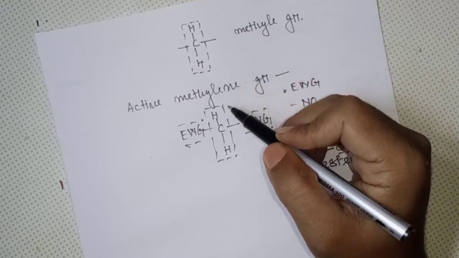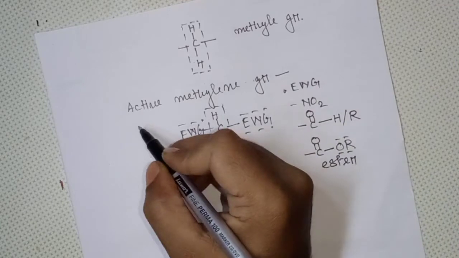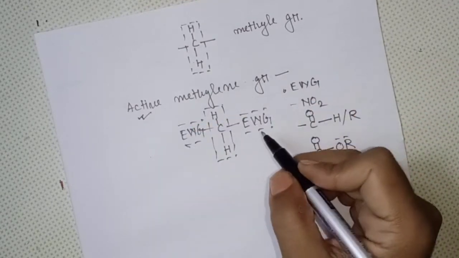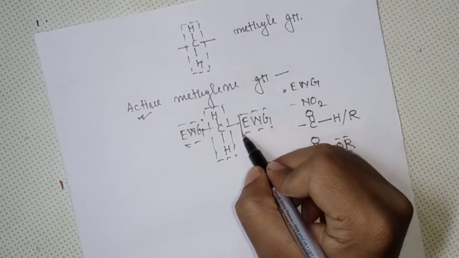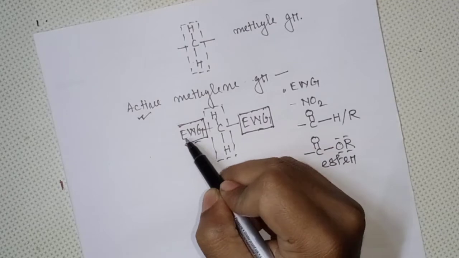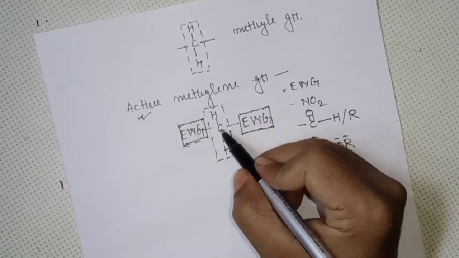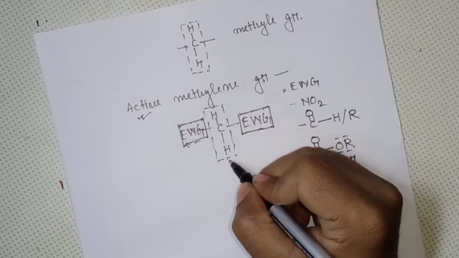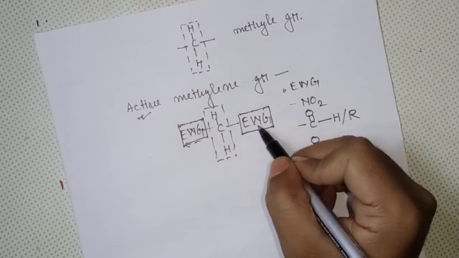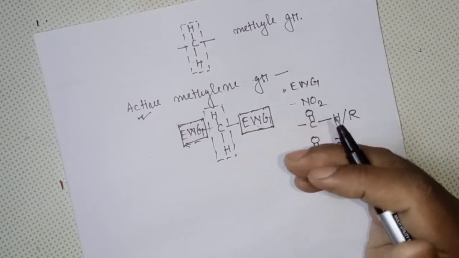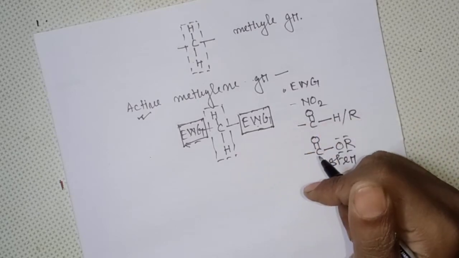This methylene group will be considered highly active, or active, depending on the presence of electron withdrawing groups about the carbon. The carbon atom having two hydrogens is called methylene, and due to the presence of two electron withdrawing groups, it's called an active methylene group.